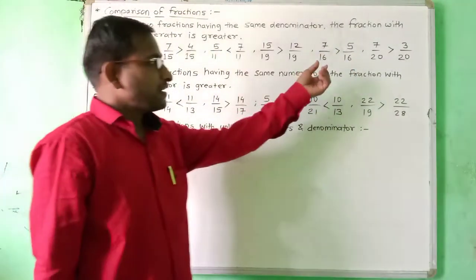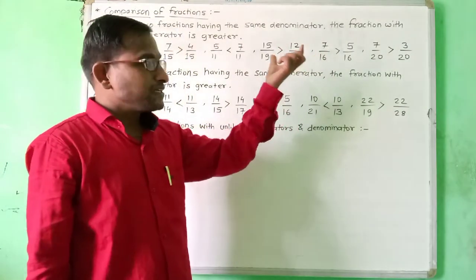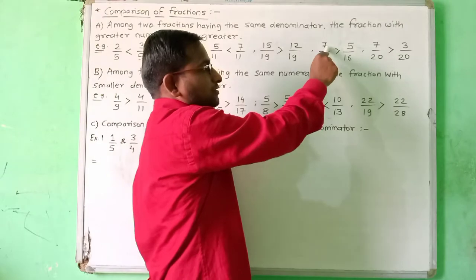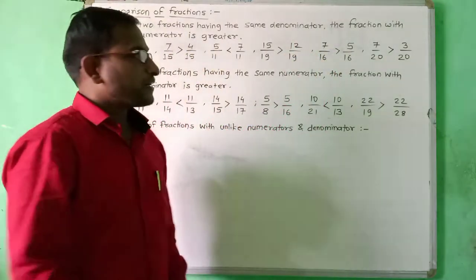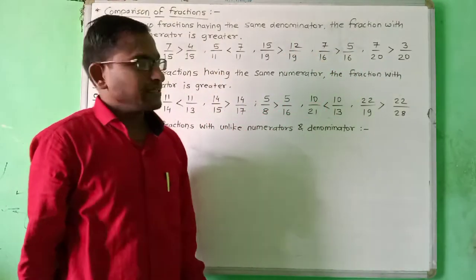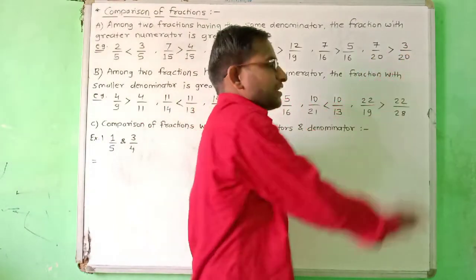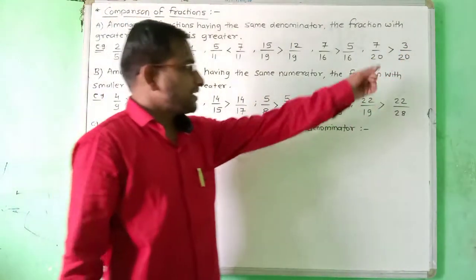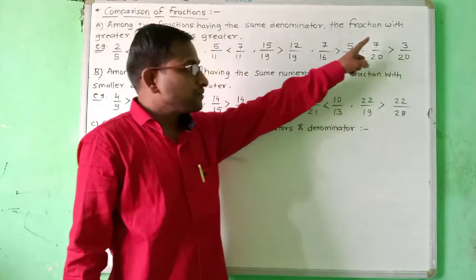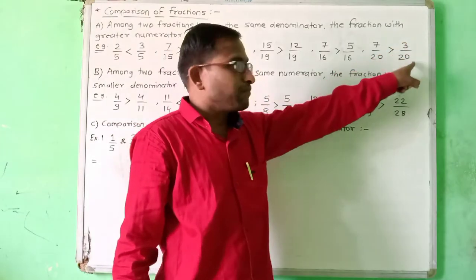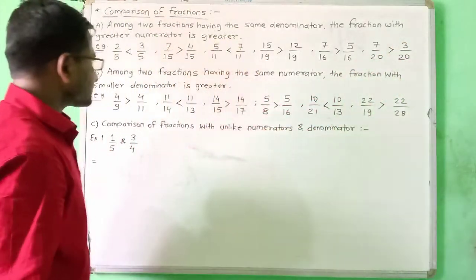Again you compare only the numerators. 7 is the greater numerator, so 7 upon 16 is greater than 5 upon 16. Next example, 7 upon 20 and 3 upon 20. Here 7 is the greatest, so you write 7 upon 20 is greater than 3 upon 20.